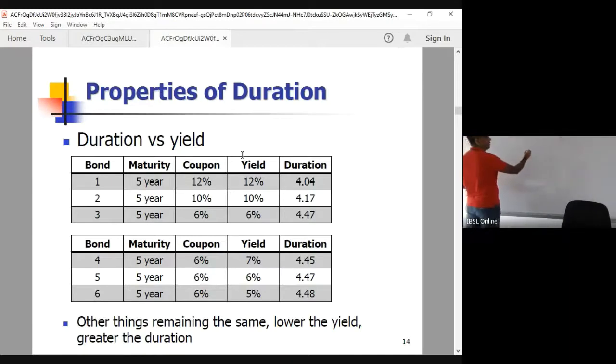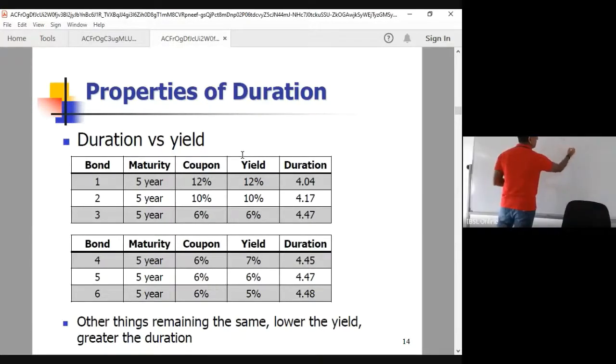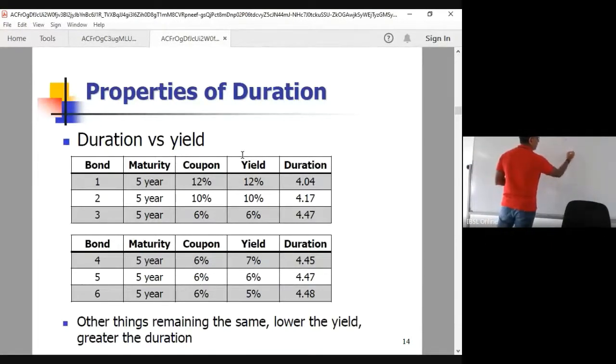The first one, the coupon was 12. Can you see that? So the first one was 12%, right? Now the second bond, the coupon is 10%. Is that correct? Now, effectively, what is happening now?